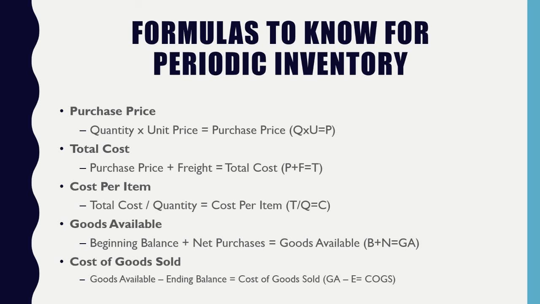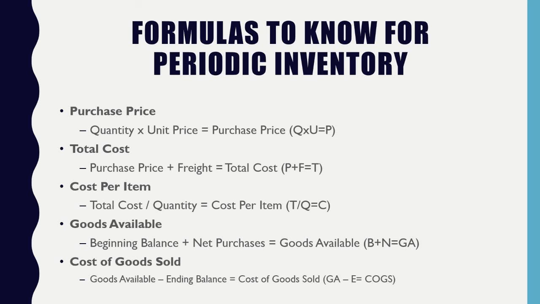The top part is your inventory portion, and the bottom part is where these two formulas come from. Now, the cost of goods available is going to be your beginning inventory plus your total purchases, okay? And that's how much goods you have available.